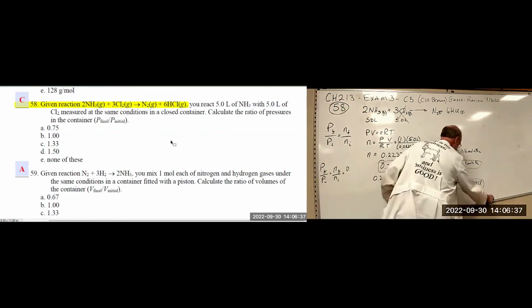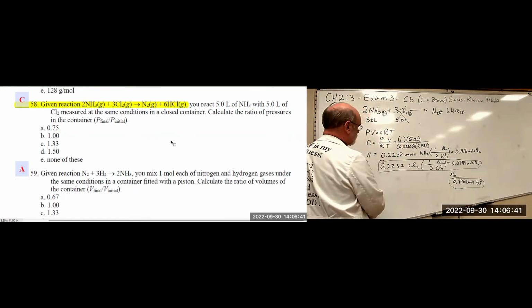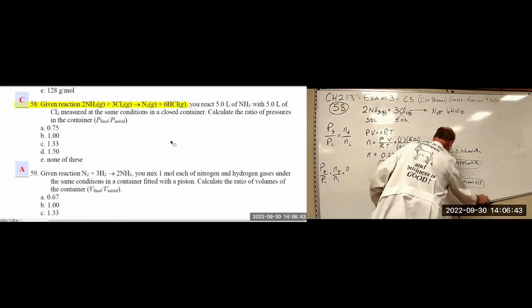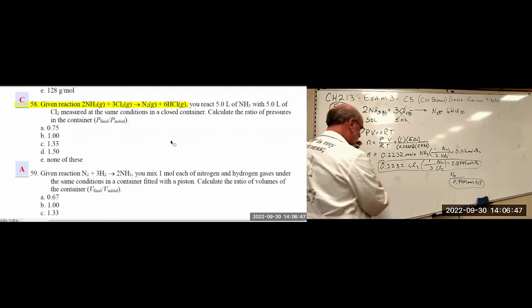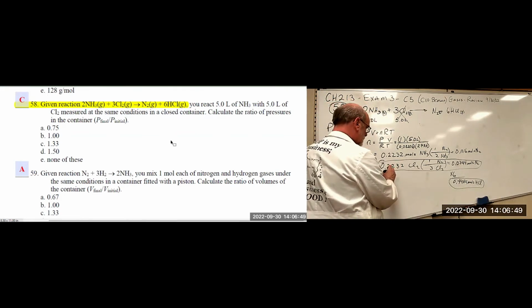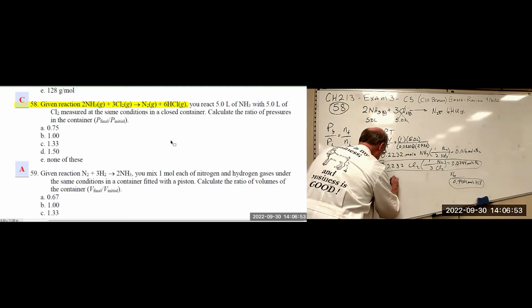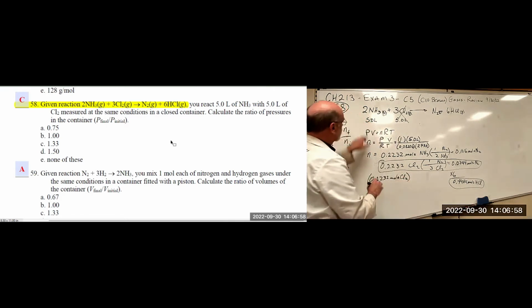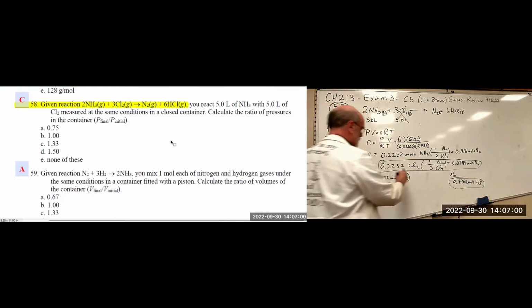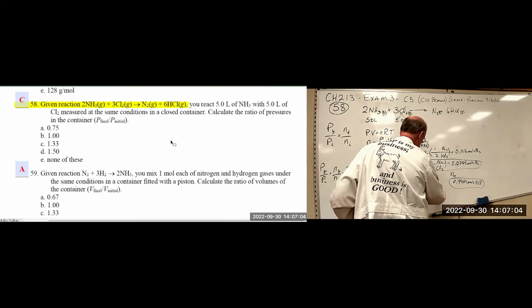Let's do it this way. Yeah, we can do it. Okay. We started off with 0.2232 moles of chlorine. We want to find out how much of ammonia was used. All right, so chlorine's here and ammonia's here.